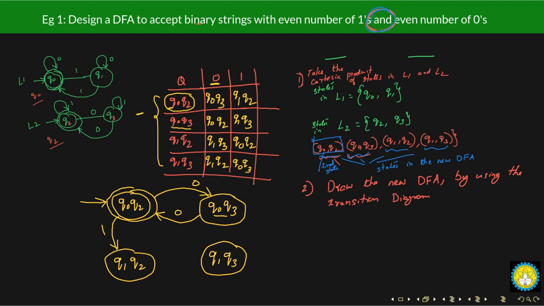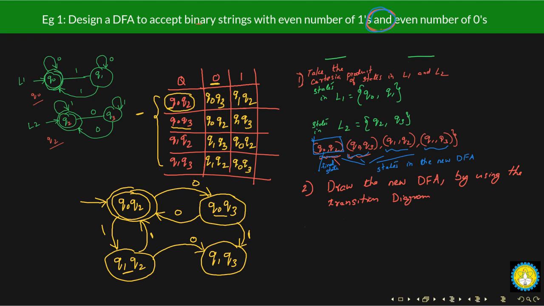Let's complete Q1, Q2 first. When I get a 0 from Q1, Q2, I go to Q1, Q3, and if I get a 1, I go to Q0, Q2.